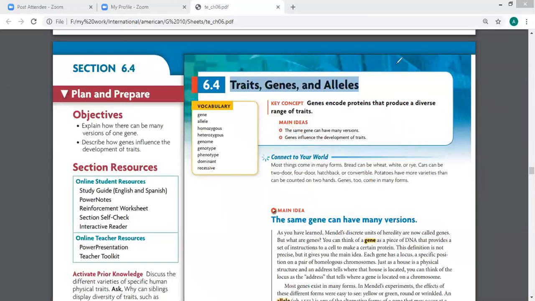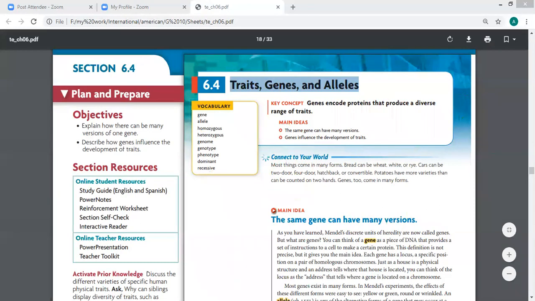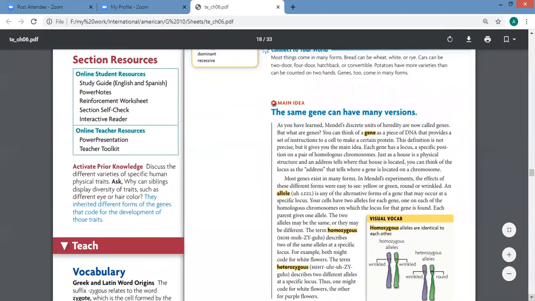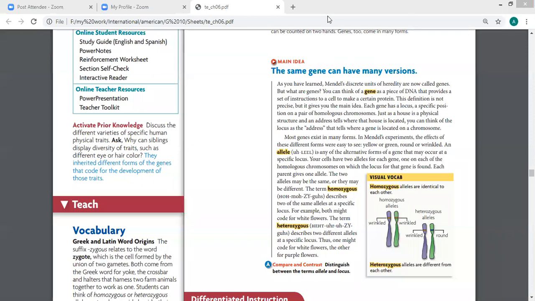Okay, so what is the difference between DNA and gene? DNA is the information in our cells that is passed from one generation to the next one.